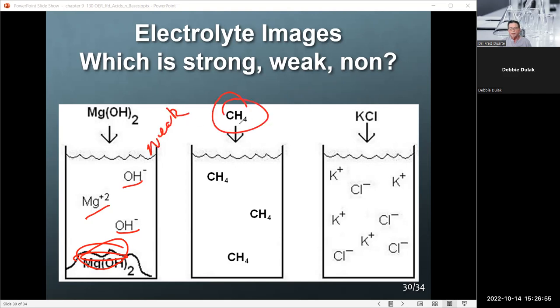Here we have CH4, which is nothing more than a covalent compound. We may not know what it is, but all we see is carbon and hydrogen, which hopefully we're learning is called a hydrocarbon, okay? It says no ions in solution, they remain intact, and this would be a non-electrolyte. And then potassium chloride, because potassium just happens to be part of the big four, is very soluble.